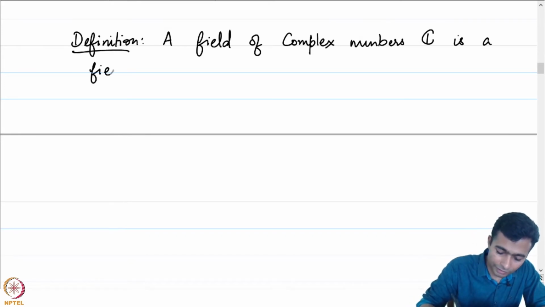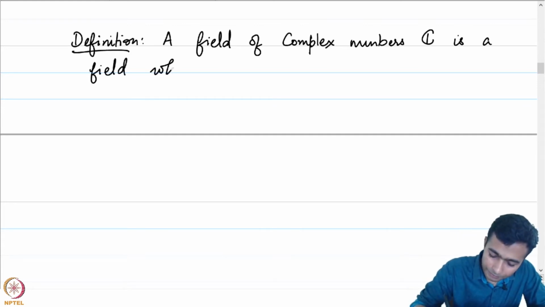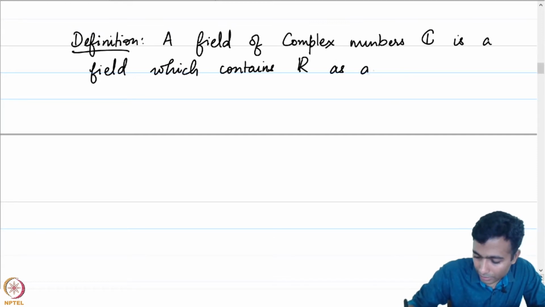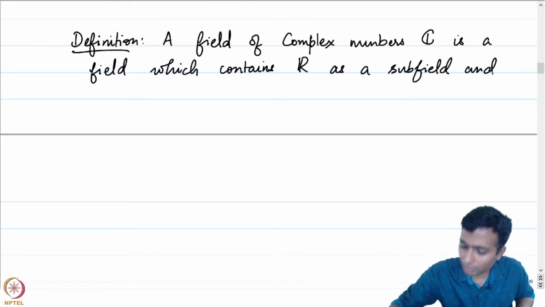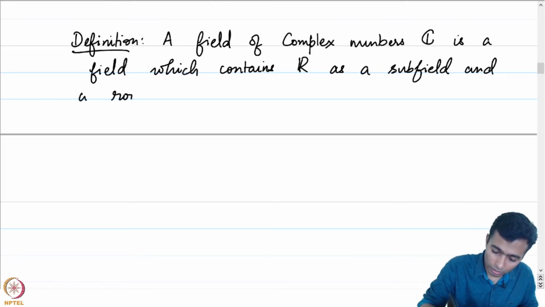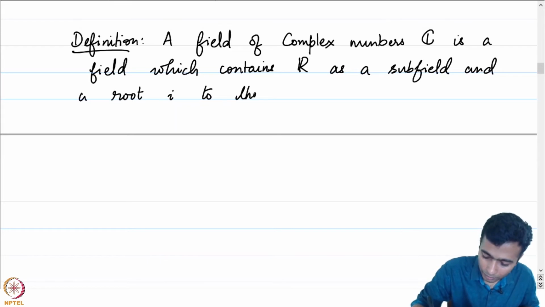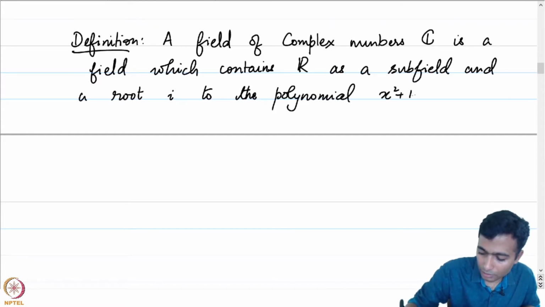It's not just a set, it's a field which contains R as a subfield and a root I to the polynomial x square plus 1.